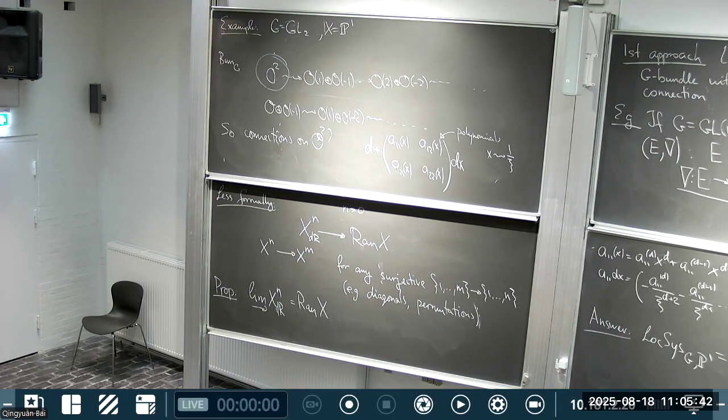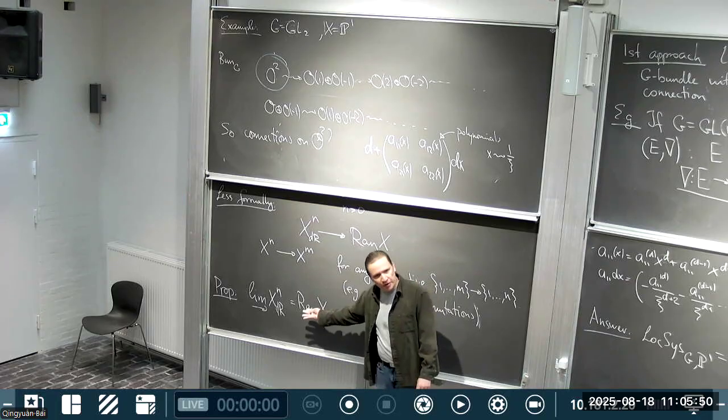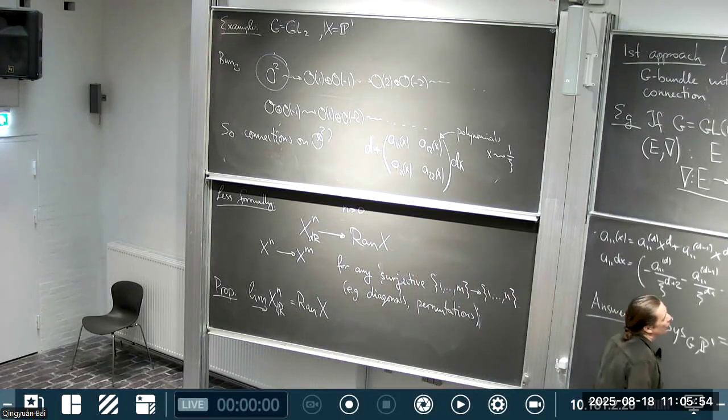So let me just say, for example, what, in the first approximation, a quasi-coherent sheaf on the Ran space would look like.